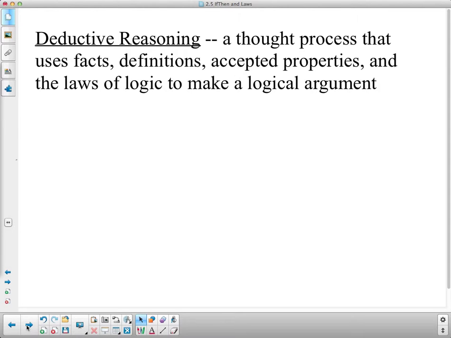Now, deductive reasoning isn't using patterns. It's using facts, definitions, accepted properties, and the laws of logic to make a logical argument or logical conclusion, logical conjecture. We use that term in the first chapter.